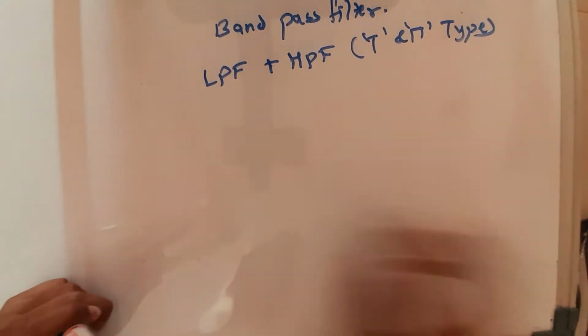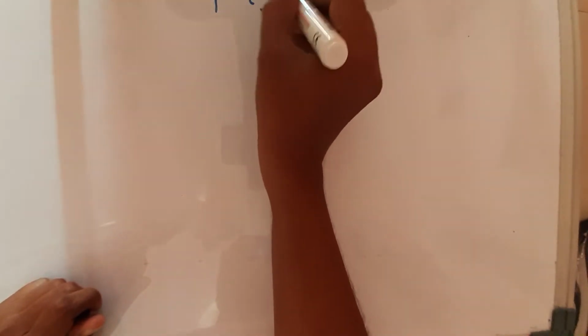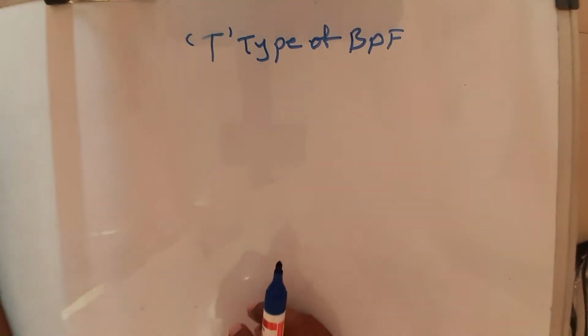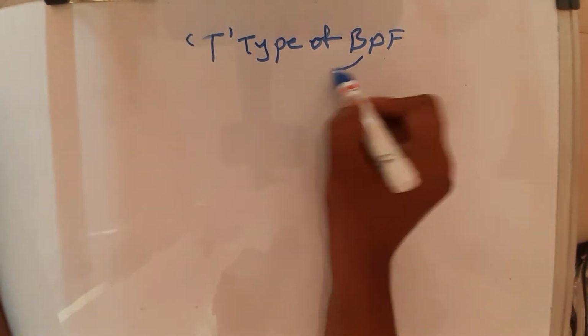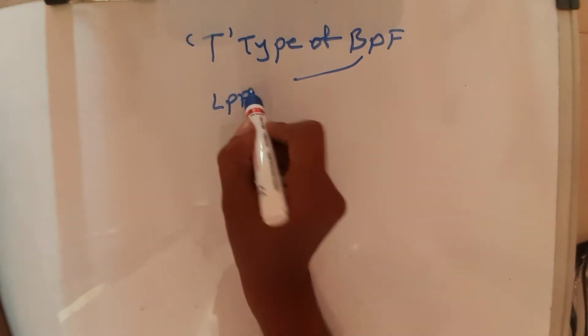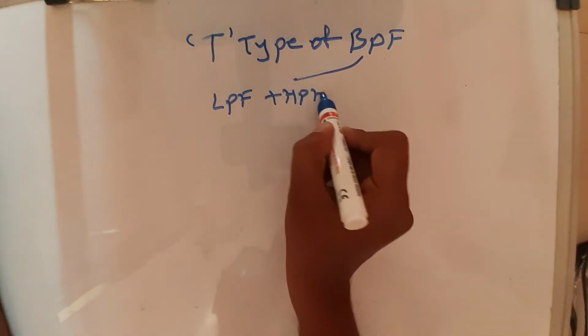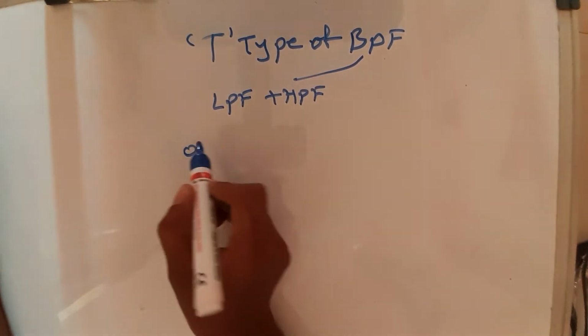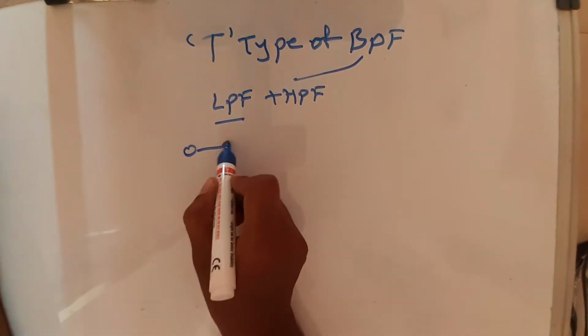Firstly we will draw the T type of band pass filter. So already I will mention band pass filter is a combination of low pass filter plus high pass filters. So here we will draw the T type of low pass filter.